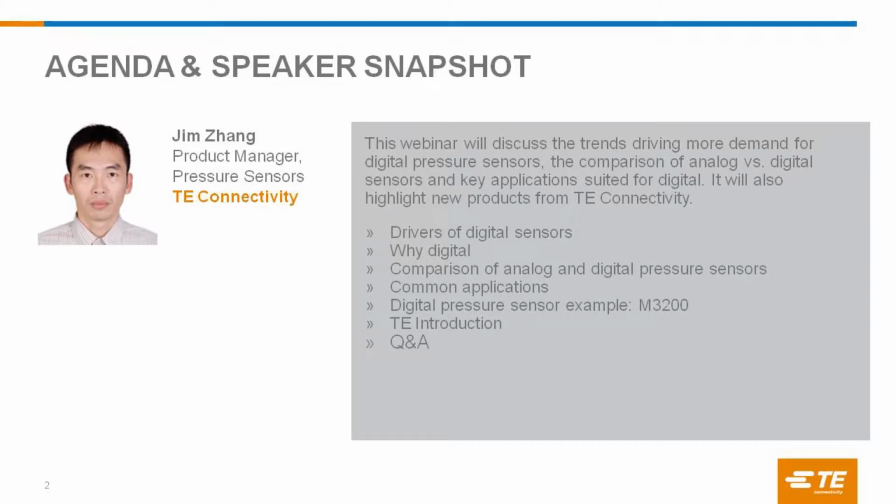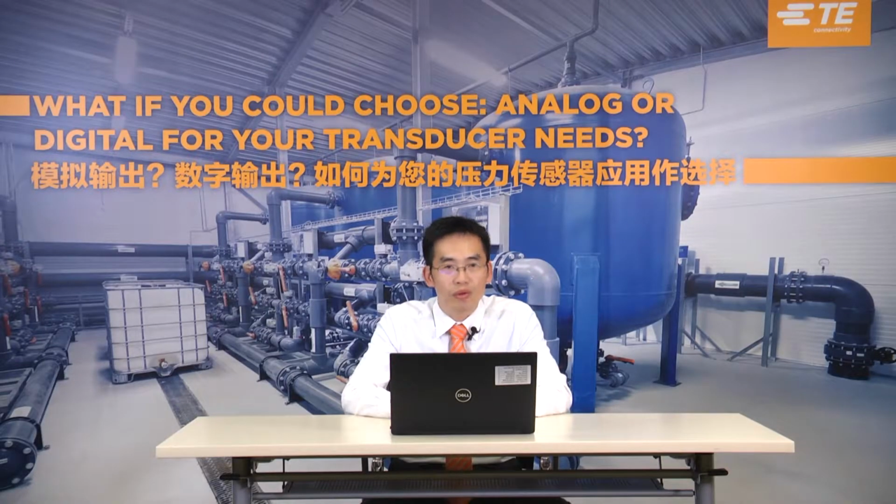It's my pleasure today to discuss the trend of our digital world and review some of the typical applications of our pressure sensors, and eventually we will offer you some excitement: we are going to release a new platform.